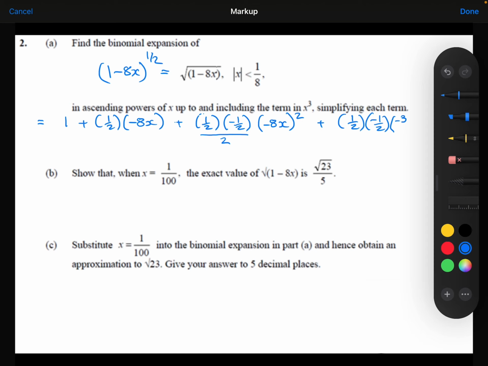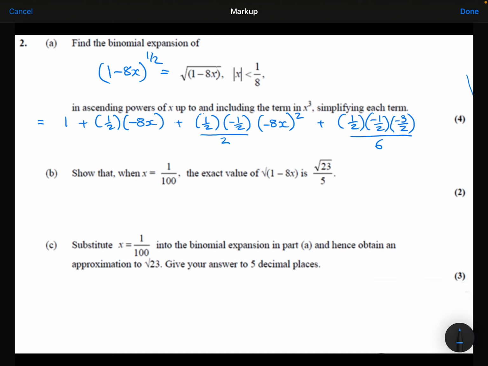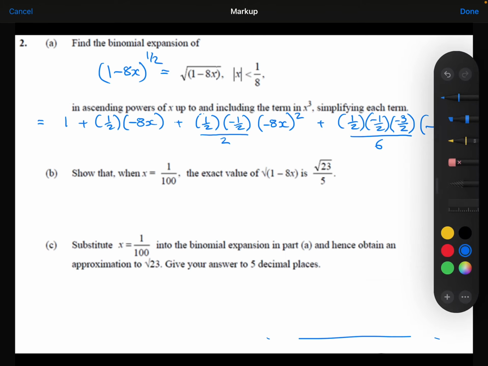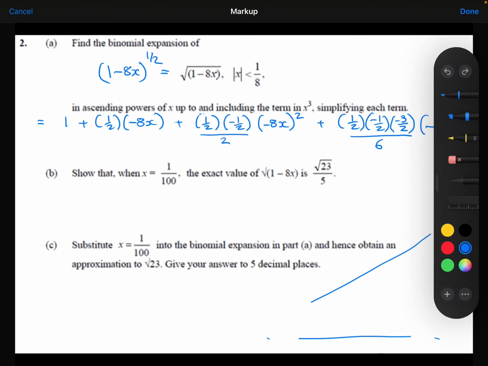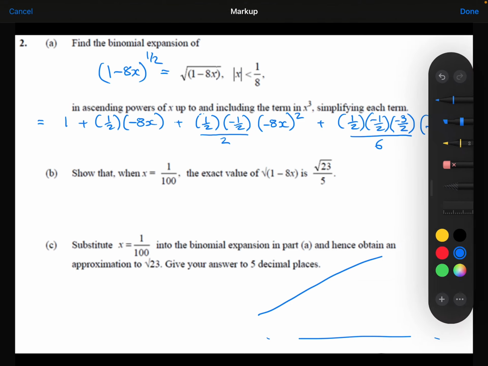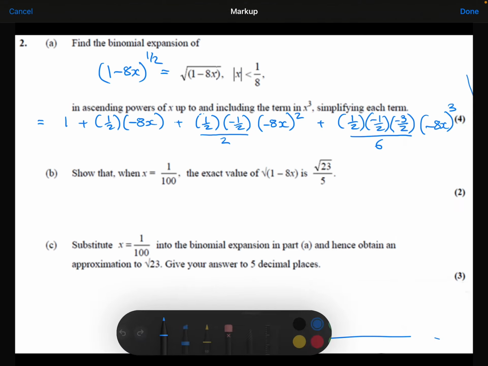So that's going to be a minus 3 over 2, over 3 times 2 times 1, which is 6. And then we've got the x cubed. Right, we need to simplify this.